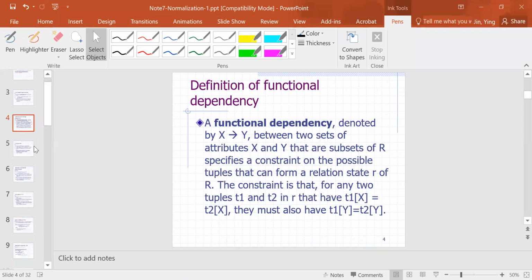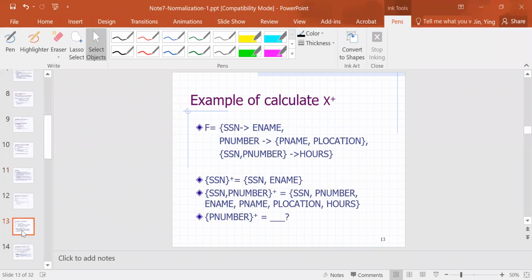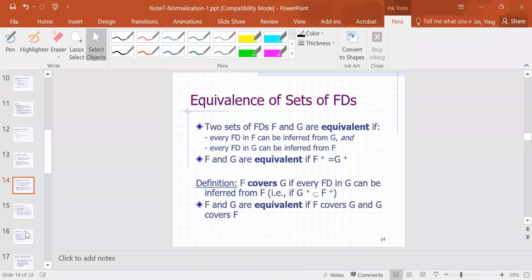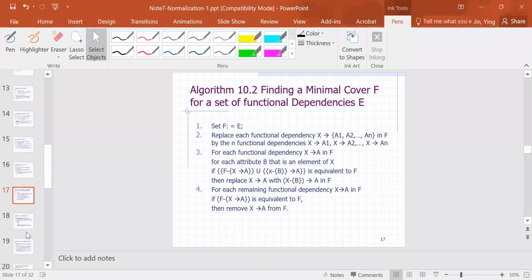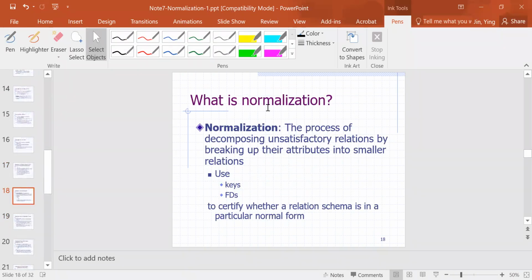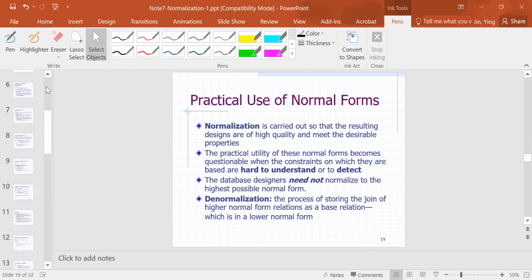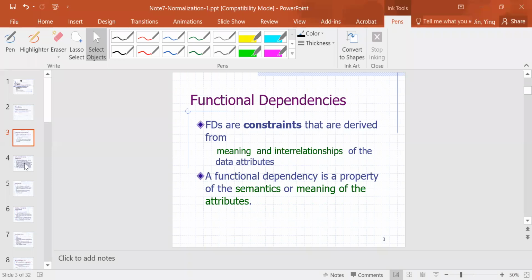I'm going to show you that. After we finish that, we are going to cover something called normalization, and we're going to learn the normal forms. So that's the one I mentioned a few minutes ago. But in order to do this, we have to learn functional dependency first. This is the foundation.